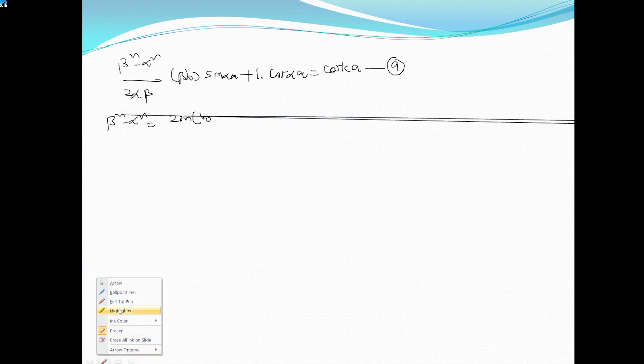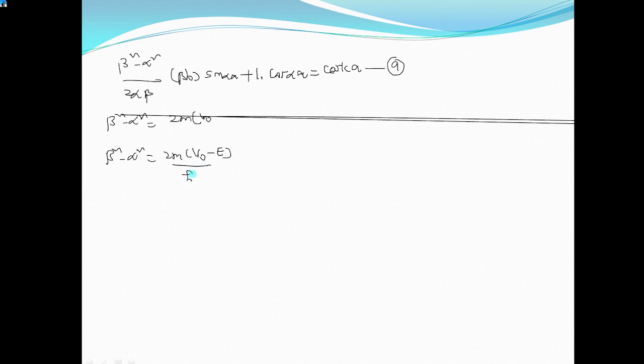2m V naught minus E. So beta square minus alpha square is equal to 2m (V naught minus E) by h cross square minus 2m E by h cross square.